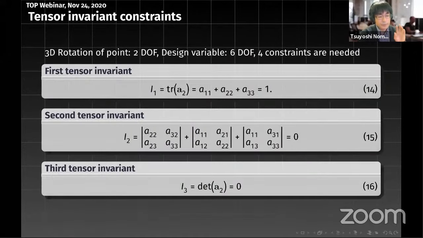And in order to make the design variable a tensor, we constrain the 3 tensor invariants.